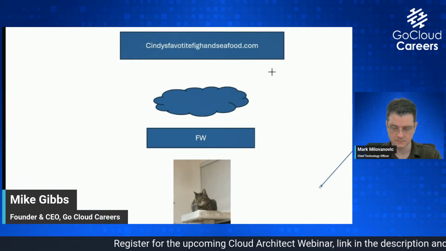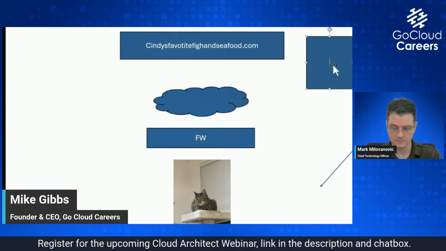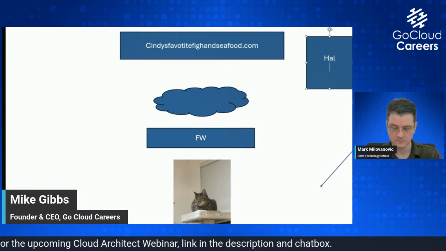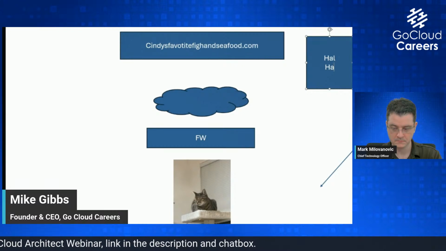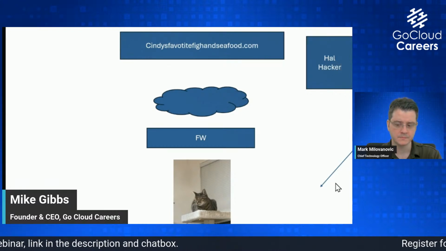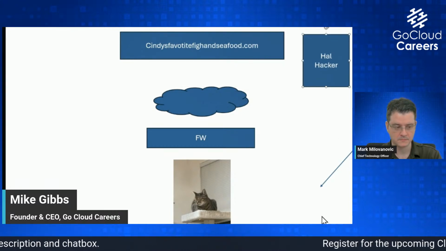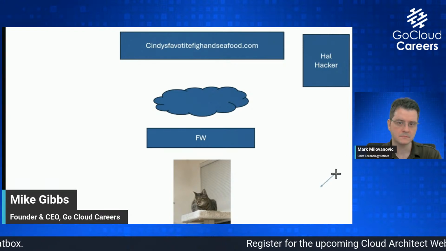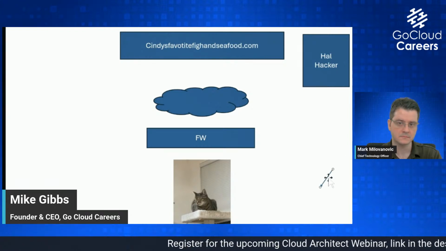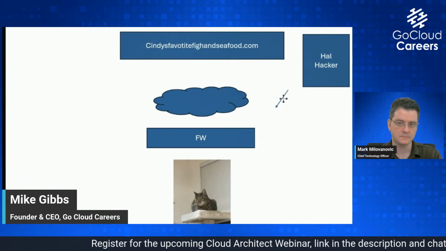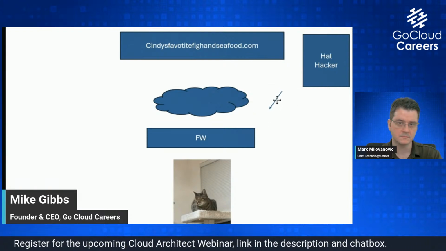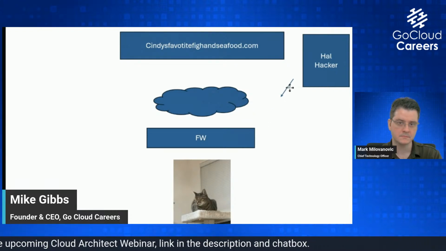Now, something's different. Now, over here, you got Hal the hacker. And Hal the hacker is really smart. Hal the hacker is really sophisticated. And Hal the hacker launches a weird attack at you. An attack that's never been seen before. You've never seen an attack like this because Hal the hacker is smart.